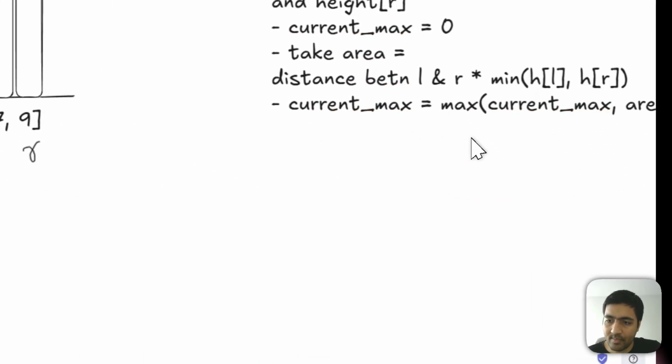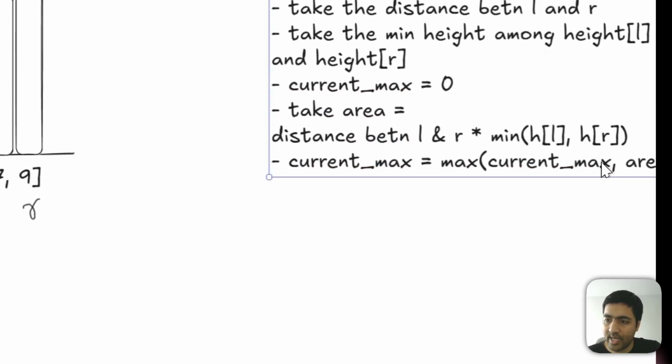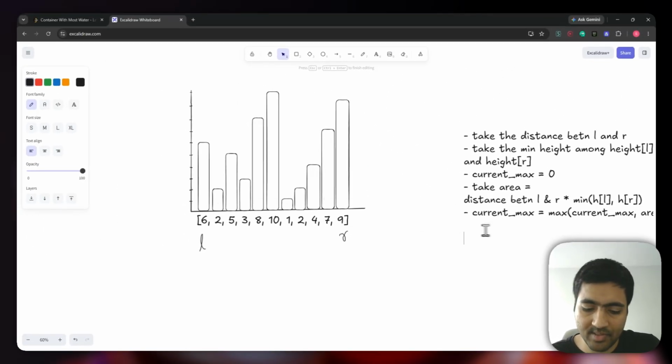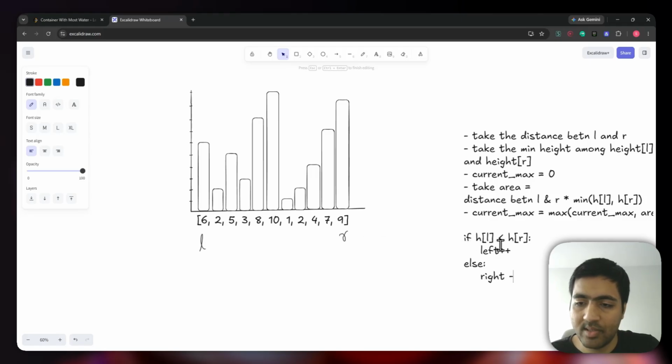Suppose, if h of L, let's call it h for height, is less than h of R, then move the left pointer, else move the right pointer backwards, in the backwards direction. Decrease the right pointer.